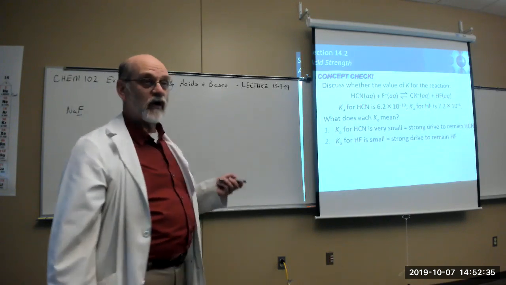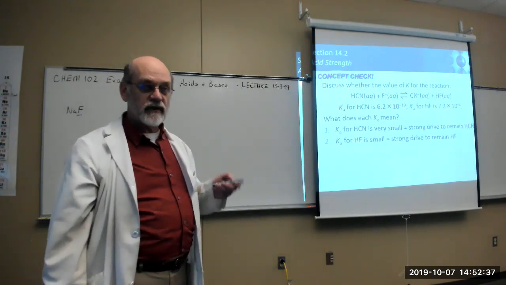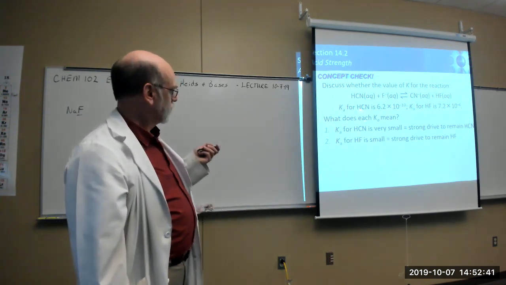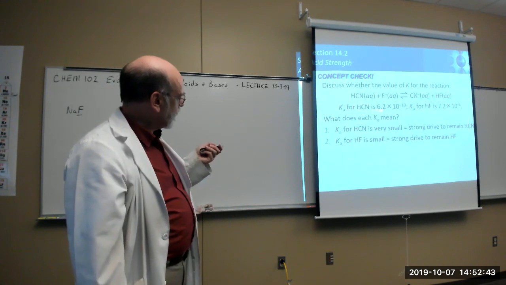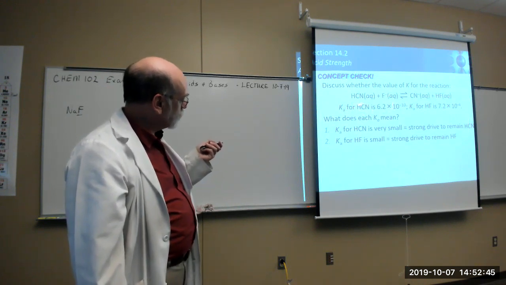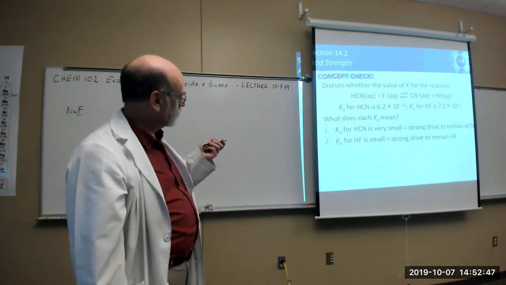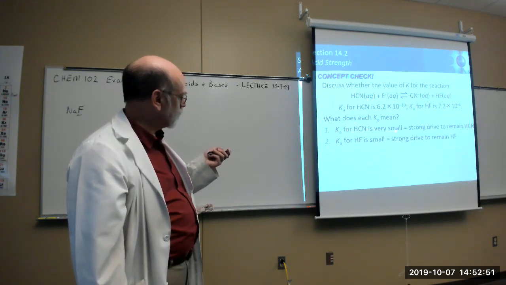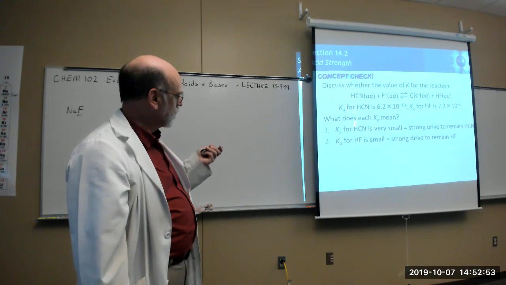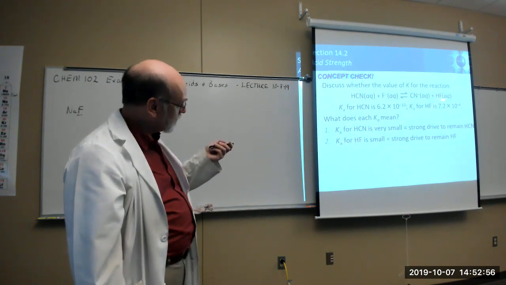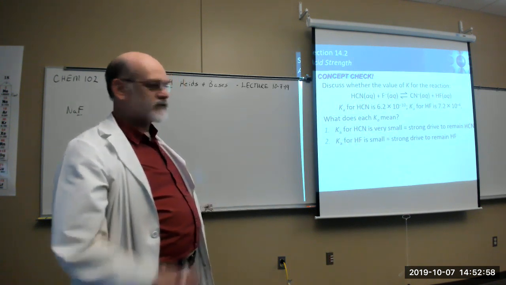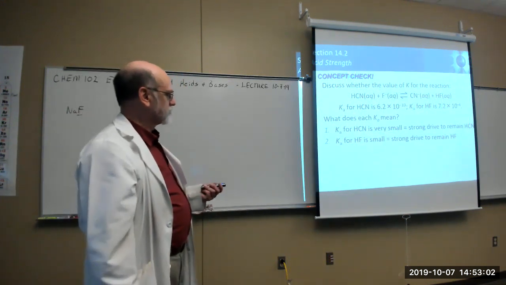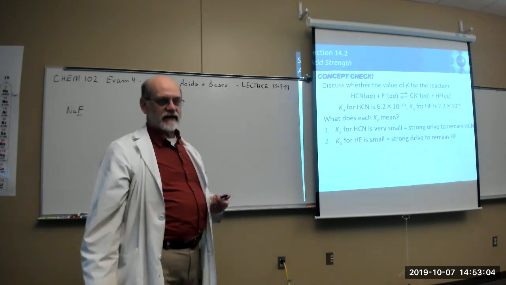Well, the one with the smallest Ka is going to be the one that wins, right? So the HCN wins, and most of it is going to be on this side over here, because the drive is for HCN, which has a very small Ka, to be there, rather than for HF to be there. That's the first point. Comparing those Kas tells you which one should dominate, HCN.